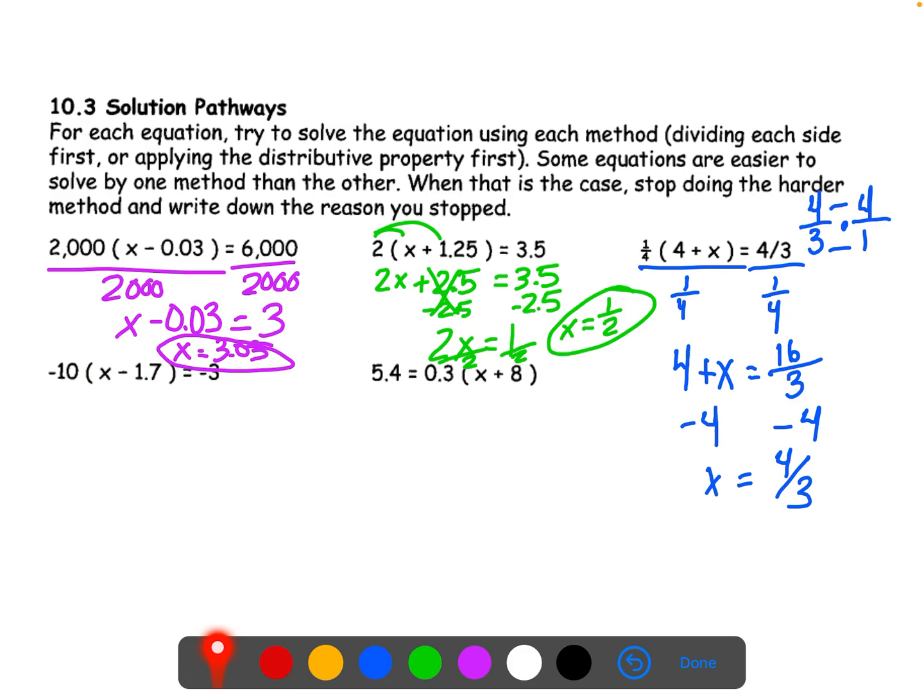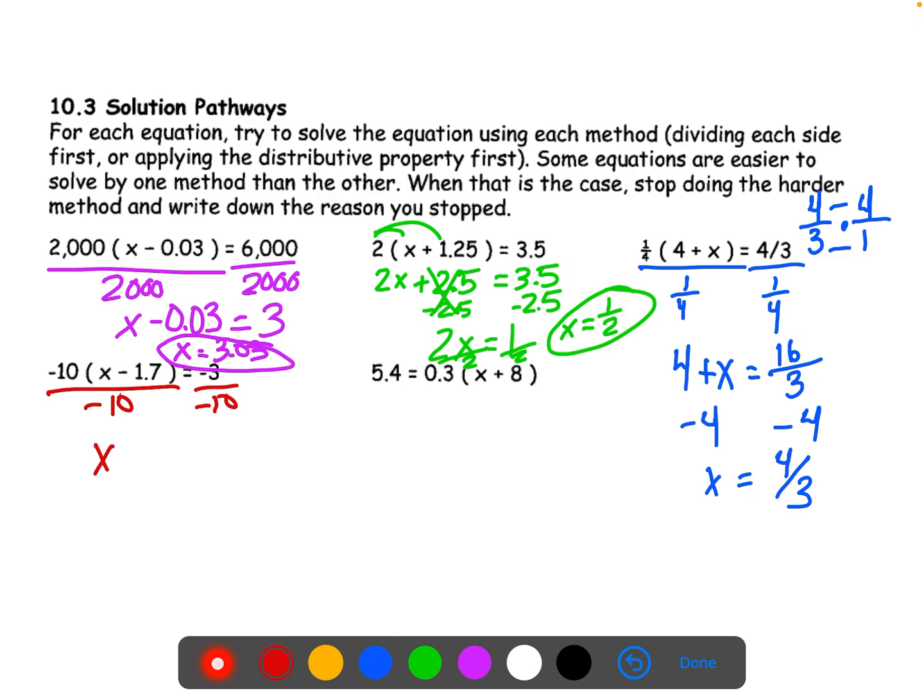In this one, I think it would be better if we didn't distribute, because then we're going to be multiplying everything by -10. We're going to do a lot of multiplication with negative numbers, and it's just complicating things. So let's just get rid of this times -10. Let's divide by -10 and do the same here.